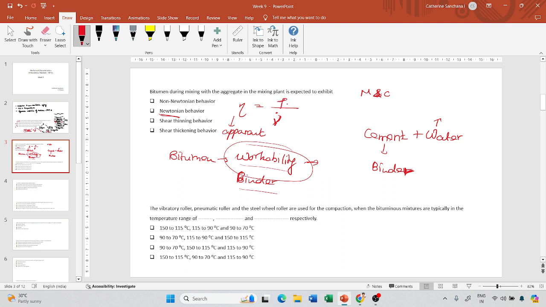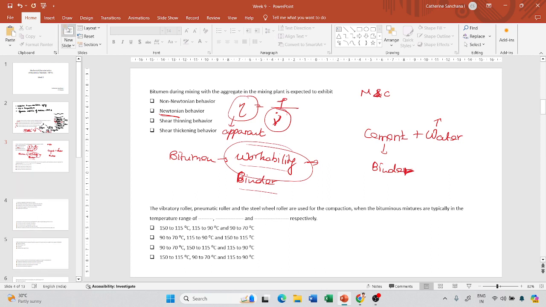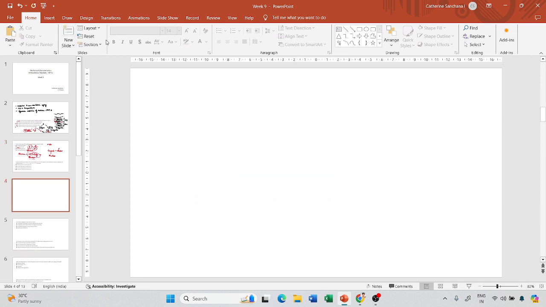It is just shear stress divided by shear rate. Newtonian behavior is one in which your viscosity will not vary as you keep varying the shear rate.